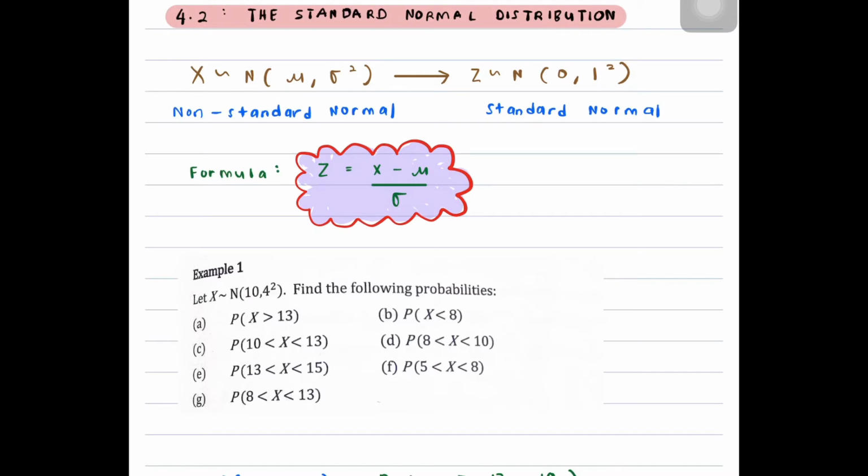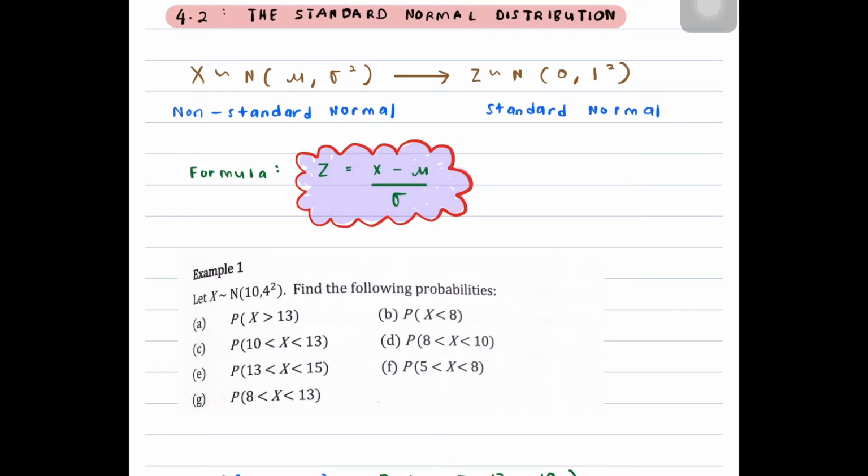So for the standard normal, the mean must be 0 and the variance or standard deviation must be equal to 1. The formula to convert from non-standard to standard normal is Z equals X minus mu, the average, over sigma, the standard deviation. You learned this formula in chapter 1 if you can remember the standard score. So that is the standard normal formula.